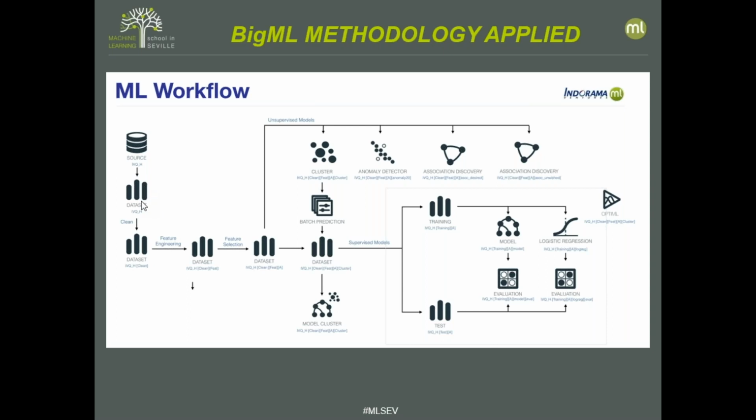This data set needed to be cleaned and filtered in order to create a feature engineering and a feature selection that would be used to obtain some unsupervised models and start having anomaly detections, association discoveries, and cluster identifications.